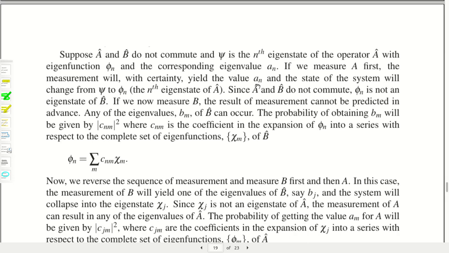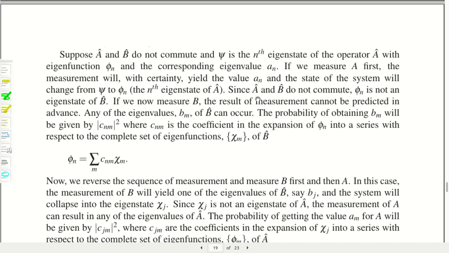So a n is your eigenvalue when you operate A on psi, with the eigenstate phi n. Psi is expanded into a basis set expansion of phi n, and when you operate A on psi, you fix the system at the nth eigenstate, that is, you get the eigenfunction phi n with the eigenvalue a n.